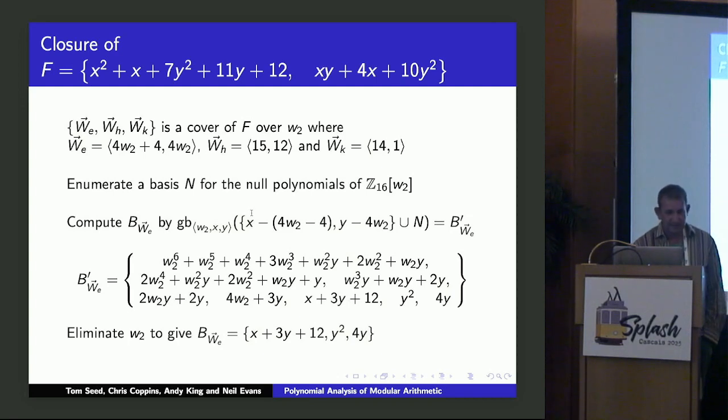Just to give you an intuition of what's going on, this polynomial here is asserting that x is equal to this term. This polynomial here is asserting that y corresponds to this term. That's what these two polynomials mean. We add them to the system of null polynomials, and then we project out w2.